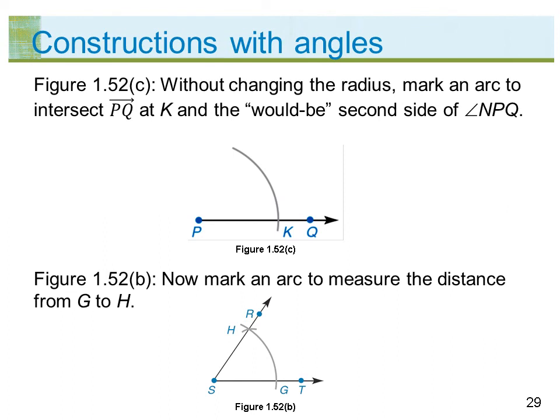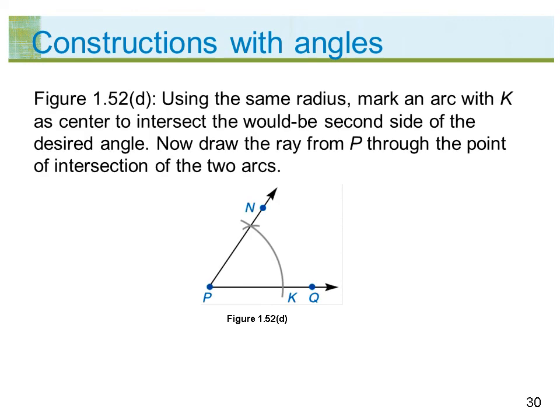Figure 1.52b. Now mark an arc to measure the distance from G to H. Figure 1.52d. Using the same radius, mark an arc with K as center to intersect the would-be second side of the desired angle. Now draw the ray from P through the point of intersection of the two arcs.